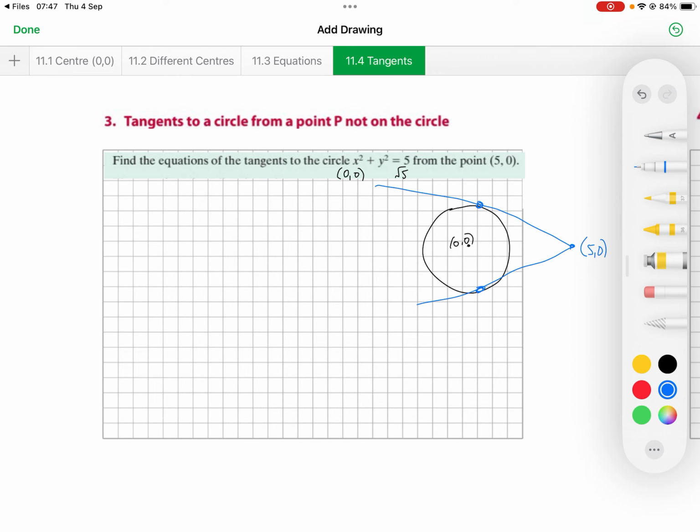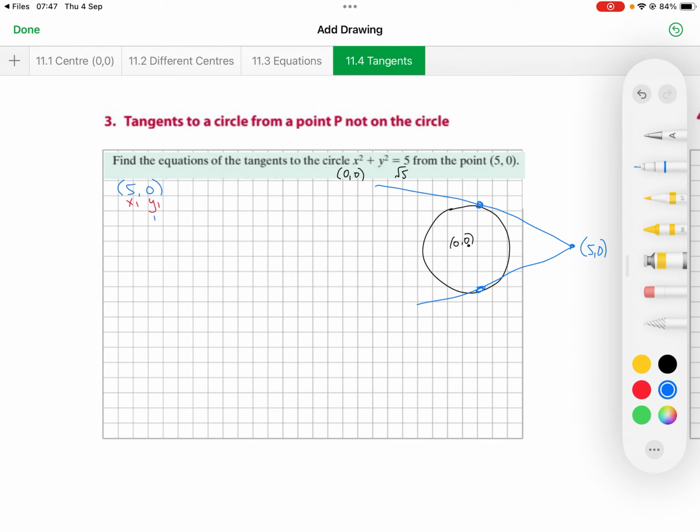So what we know is to find the equation of the line, we need a point on the line and a slope. And we're really lucky because we have a point that's on the line. So any equation that goes through the point (5, 0), this is the general equation of the line.